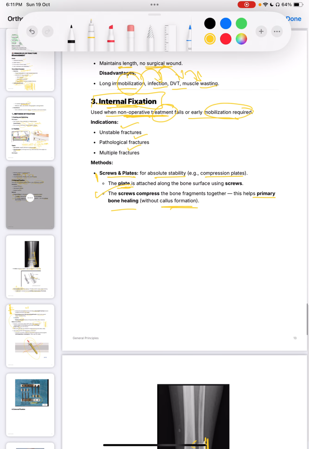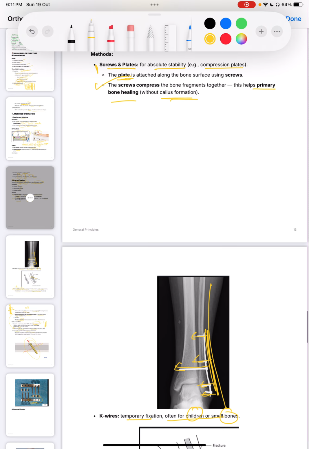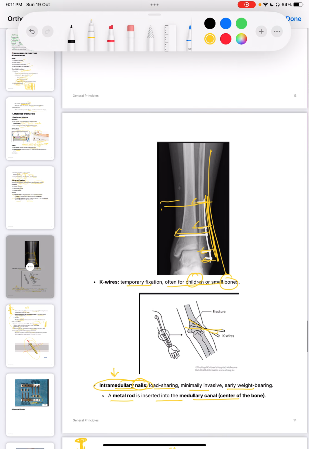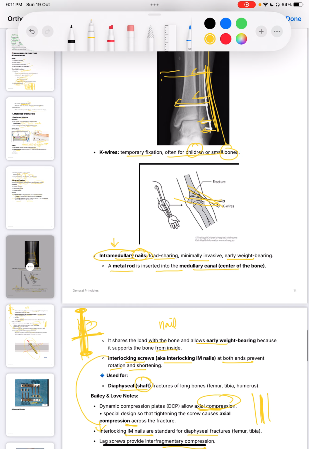It's just screws and plates to get a plate along the shaft of the bone, and then the screws compress the bone fragments together to get healing without callus formation. And then K wires are just wires for small bones and children. And then intramedullary nails are within.